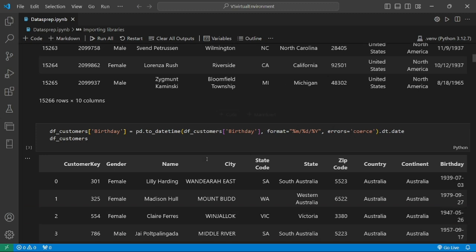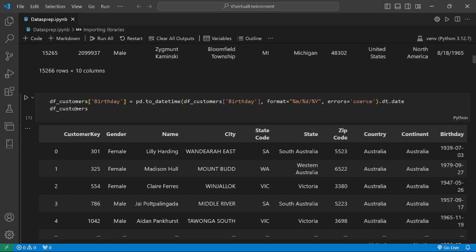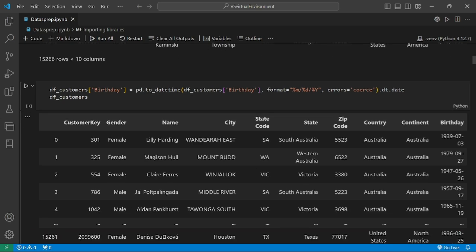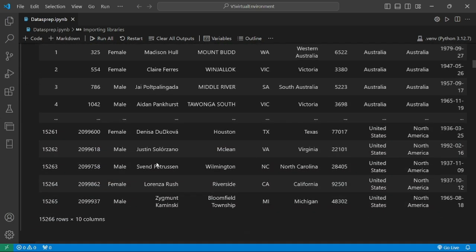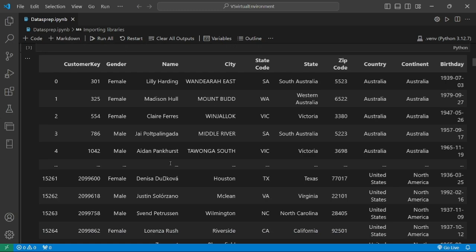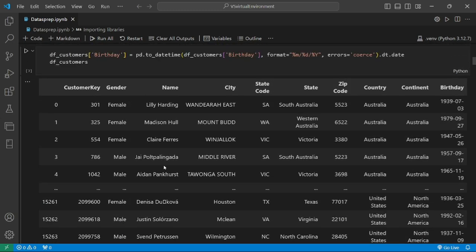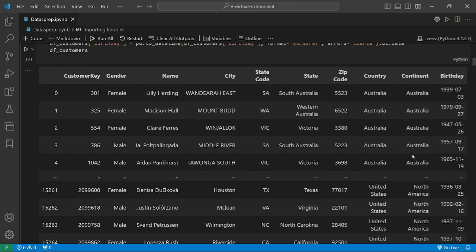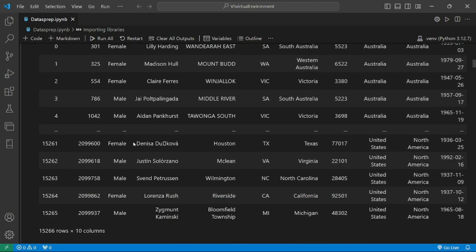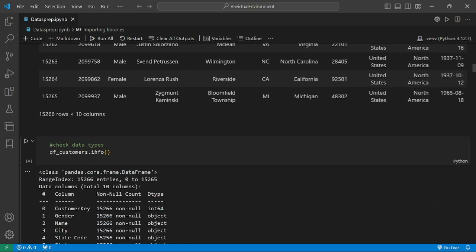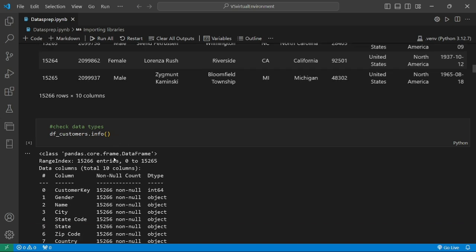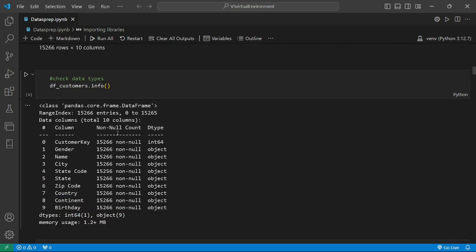Then we print df customers, the data from customers, and it shows the data type: month, date, year. Now if we show the data frame info, we can see the information in this.